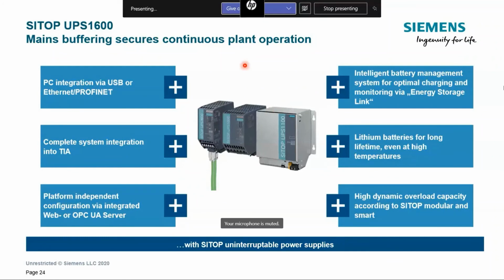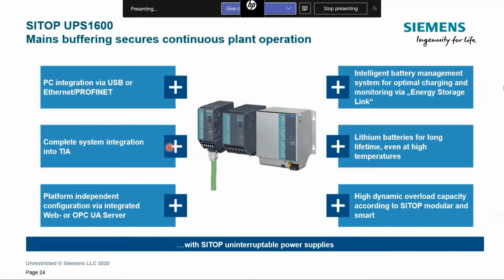And what are the distinctive features of this UPS 1600? Again, in terms of connectivity, we do have variants, so it's not the only option, with either USB connection or also Ethernet connection that supports Profinet and OPC UA as well.